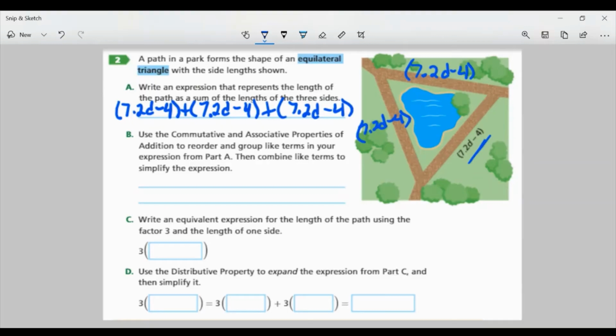What it's saying is to combine all of our like terms. Looking at it, I have terms that have the variable, and I have terms that are just integers. So I want to combine those together. I would have 7.2d plus 7.2d plus 7.2d.